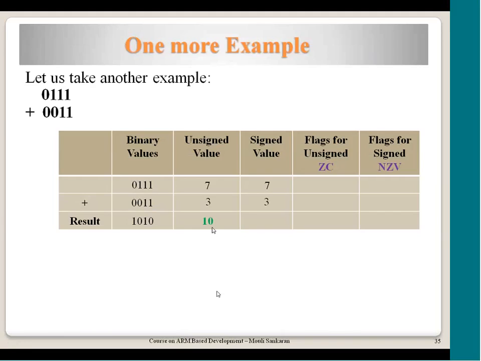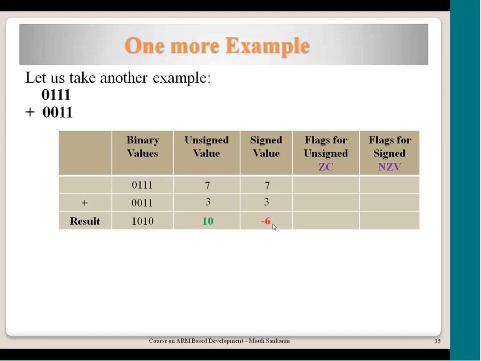Now this results in 10, whereas why do we say the signed value is -6? We have to see that the interpretation of the number differs, whether it is signed or unsigned. In unsigned, we consider this also a positive value, and then we say 2 to the power 3 here, and then add this value, 8 plus 2, 10.